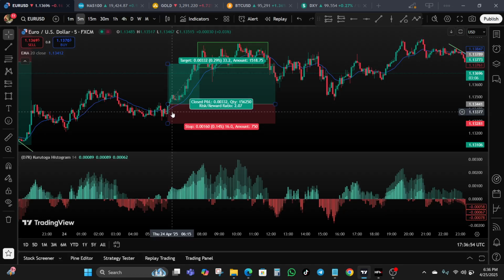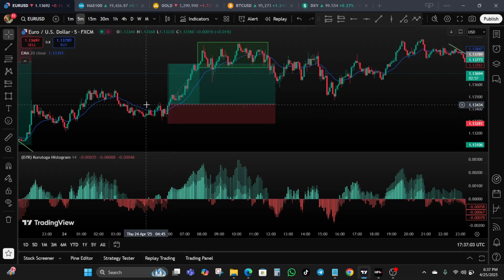You can actually make use of your moving averages. When the price is above the moving average, obviously it shows bullish trend is prevailing, and when price is below the moving average, it shows that a bearish trend is prevailing.